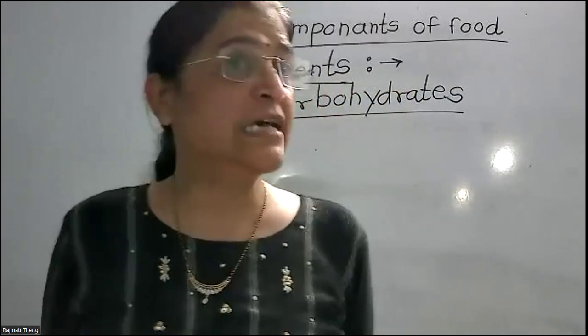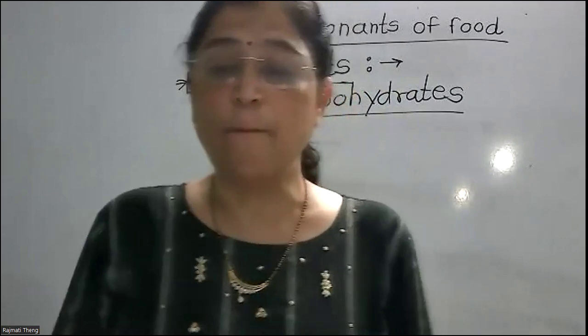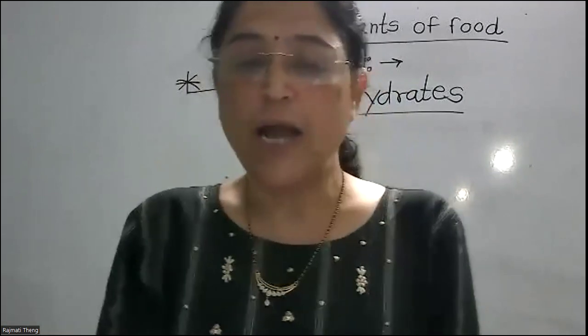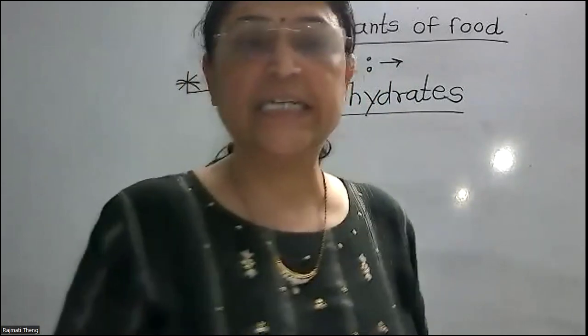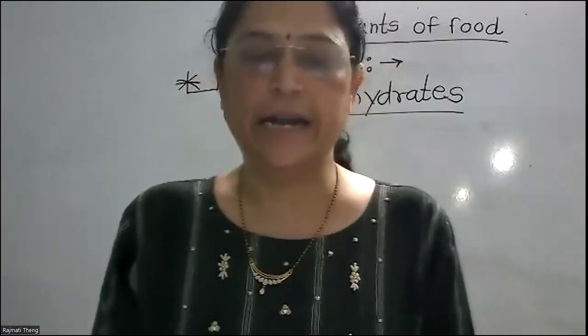Okay, and those are important for the growth of our body, proper functioning of our body. Okay, so along with this, water and roughage is also present. So first one I start with the carbohydrate.